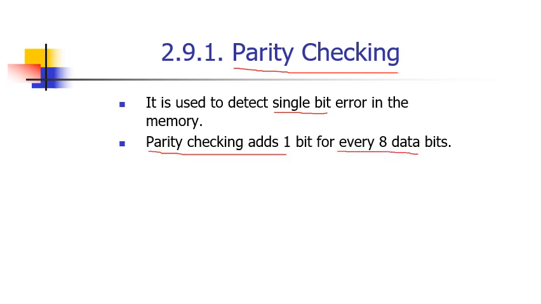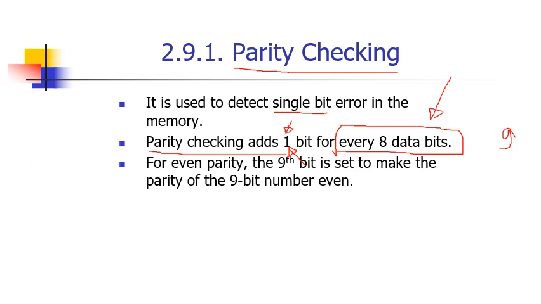You have a byte of information. It adds a single bit to every byte to be sent. So your message is a byte and the parity check adds one additional bit to the message. So now you have 9 bits. This additional bit is either a 0 or a 1.